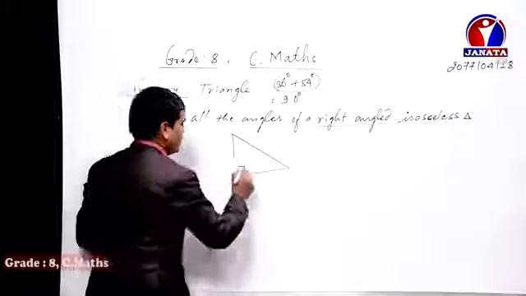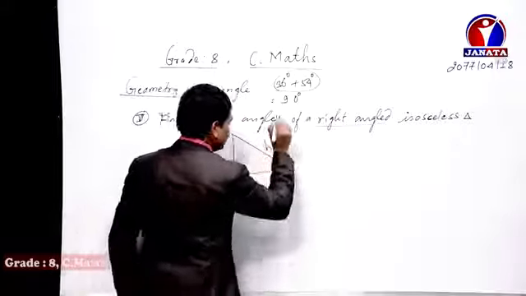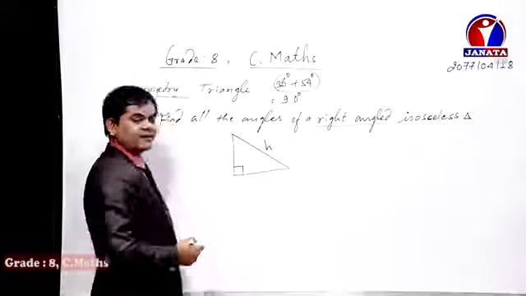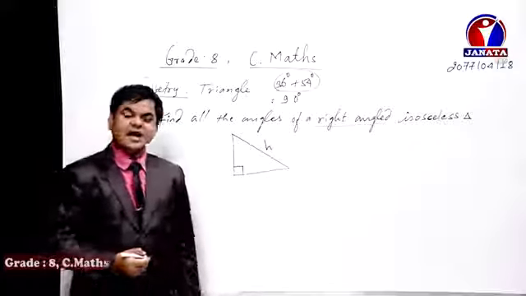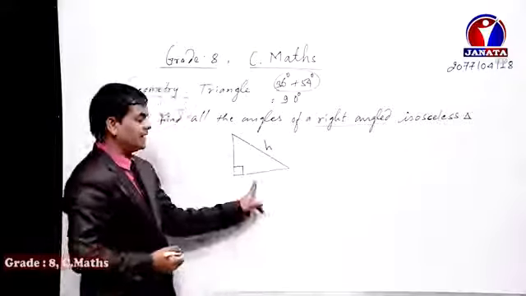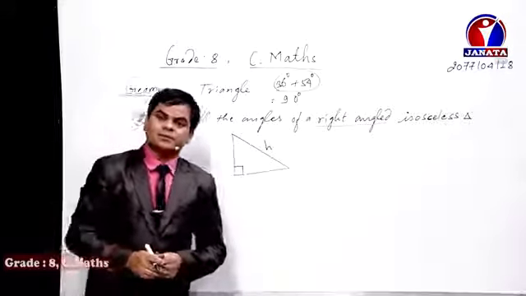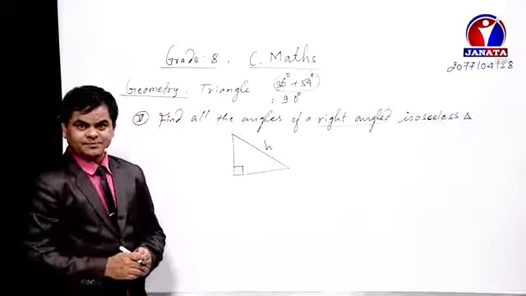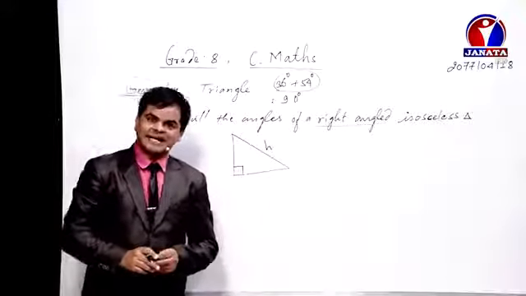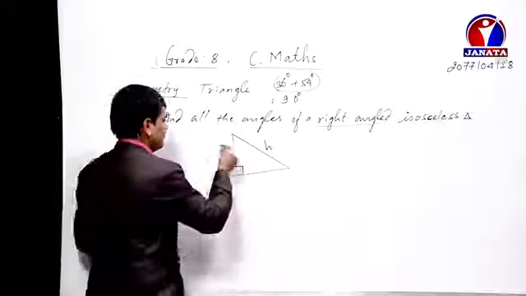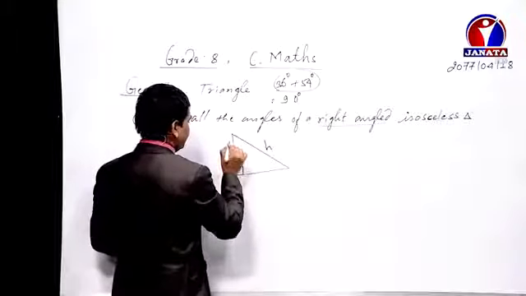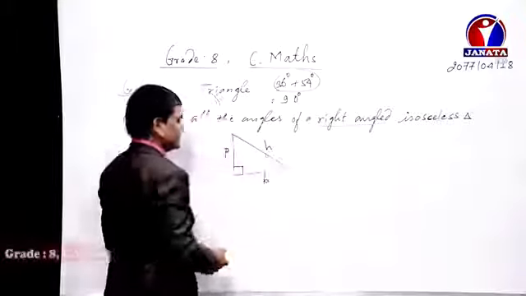Opposite to the 90 degree is the hypotenuse. In a right angle triangle, that side is known as hypotenuse, and for the other remaining sides, until and unless a reference angle is given, we can suppose the vertical line as perpendicular and the horizontal line as base.